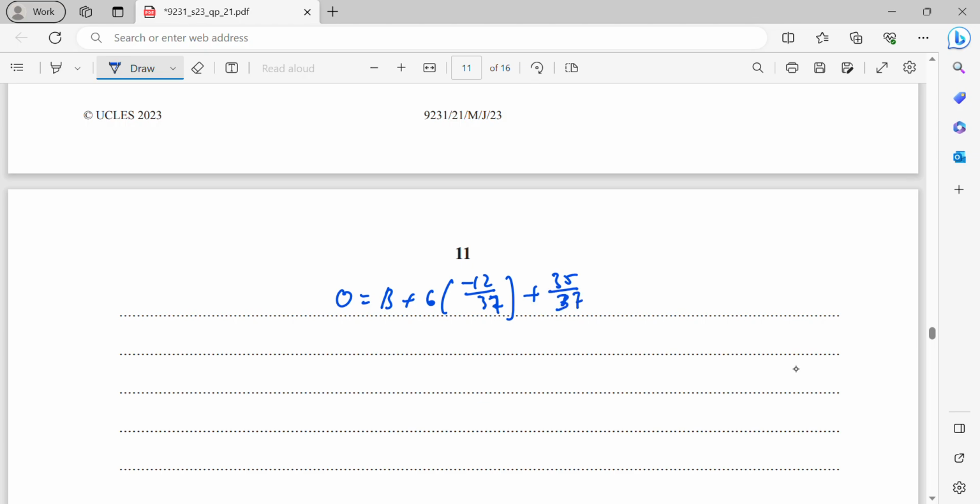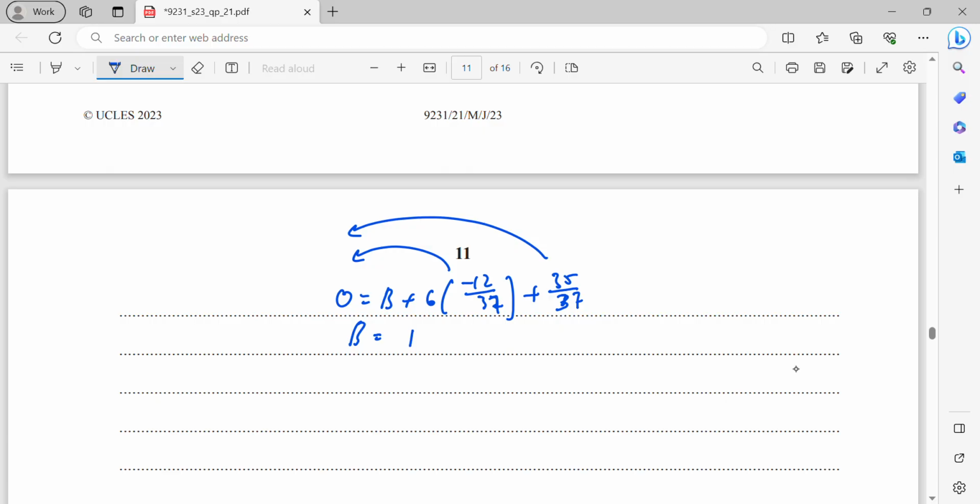So from here, your b is going to be 1, when you move these two terms to the right side.